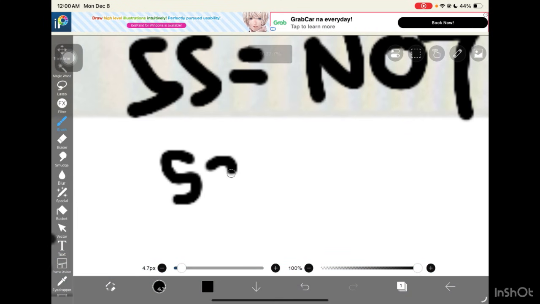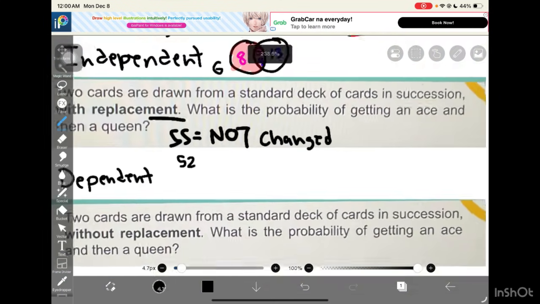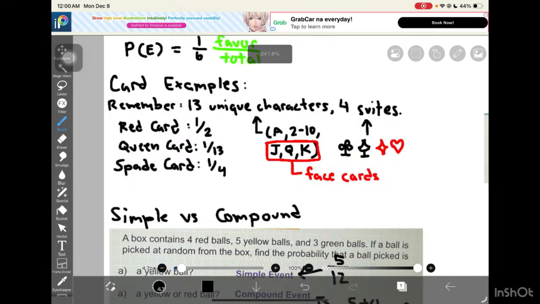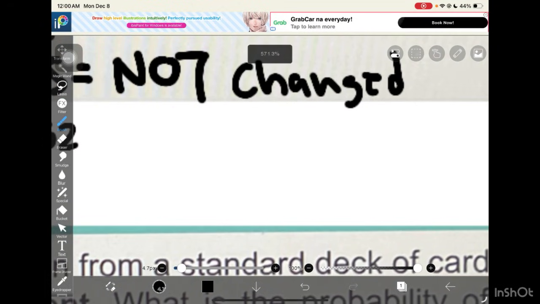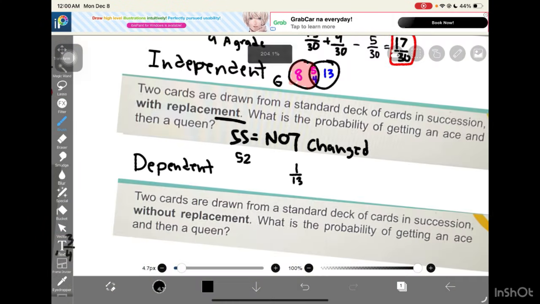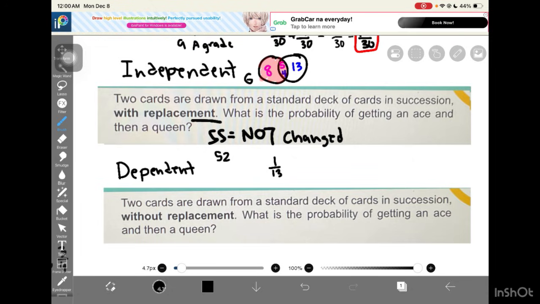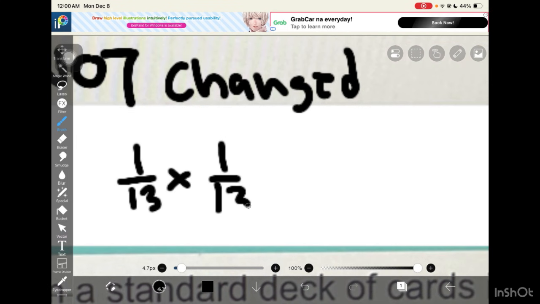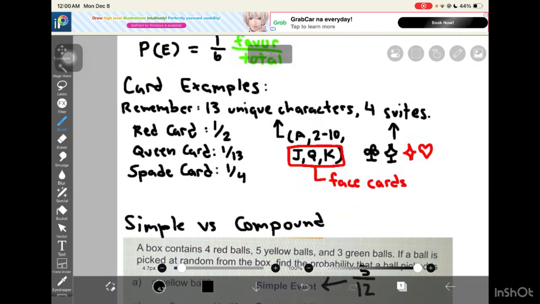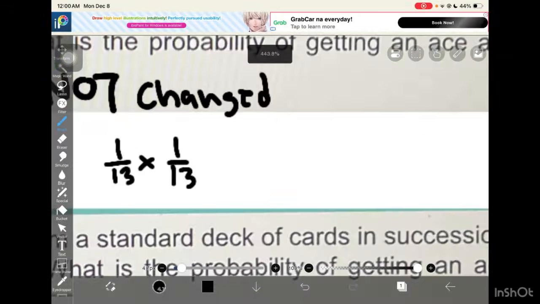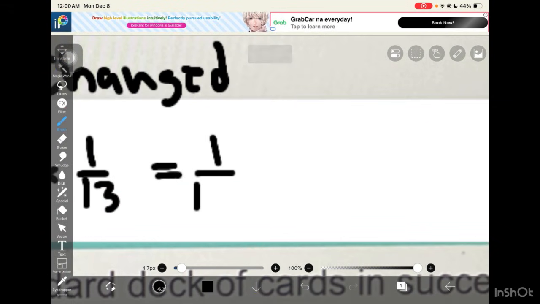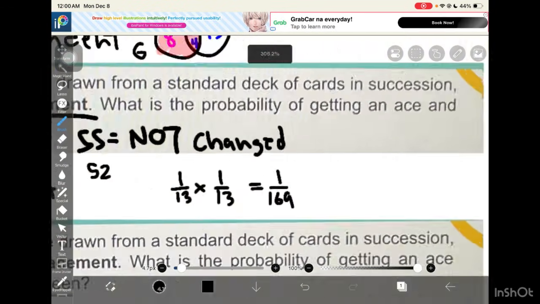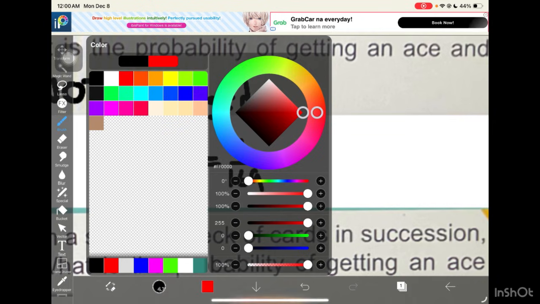Since a standard deck of cards is 52, we know an ace is one of the 13 unique characters, so 1 over 13. Then, we want a queen right after. Since we want the succession of events, we have to multiply. So 1 in 13 as well, because the queen is one of the unique characters. If we multiply these together, it is 1 over 169. And that's our answer.